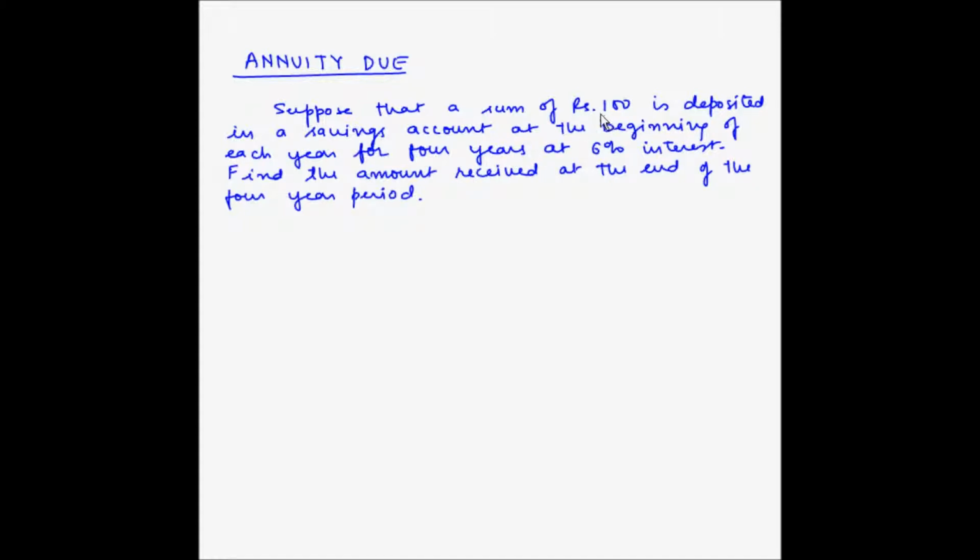So here the amount of rupees 100 is deposited in the bank at the beginning of each year for 4 years. So let's draw the time scale. So this is 0, 1, 2, 3 and 4.